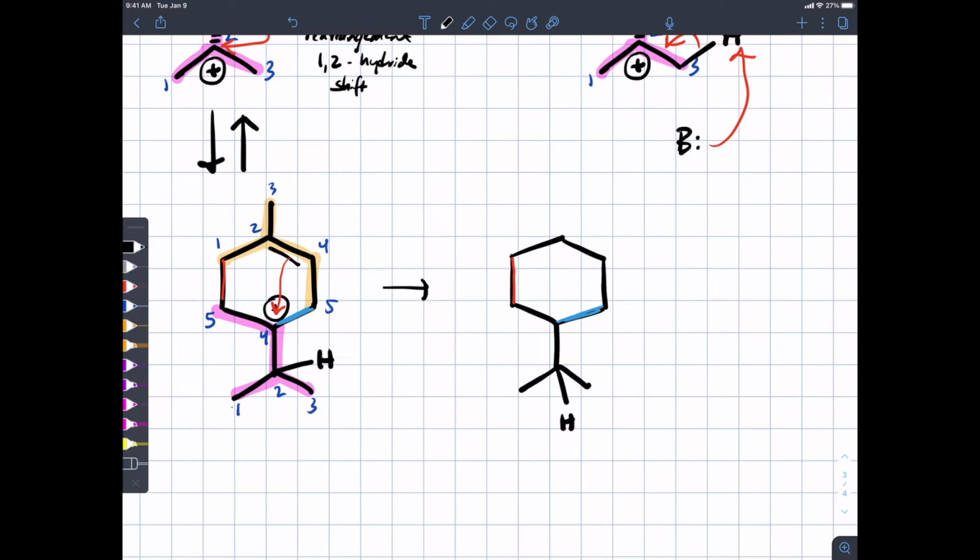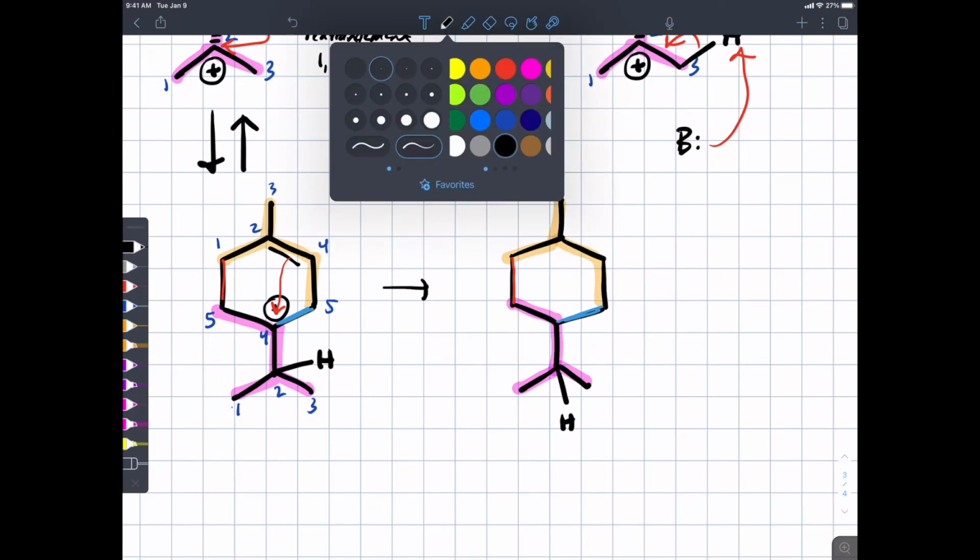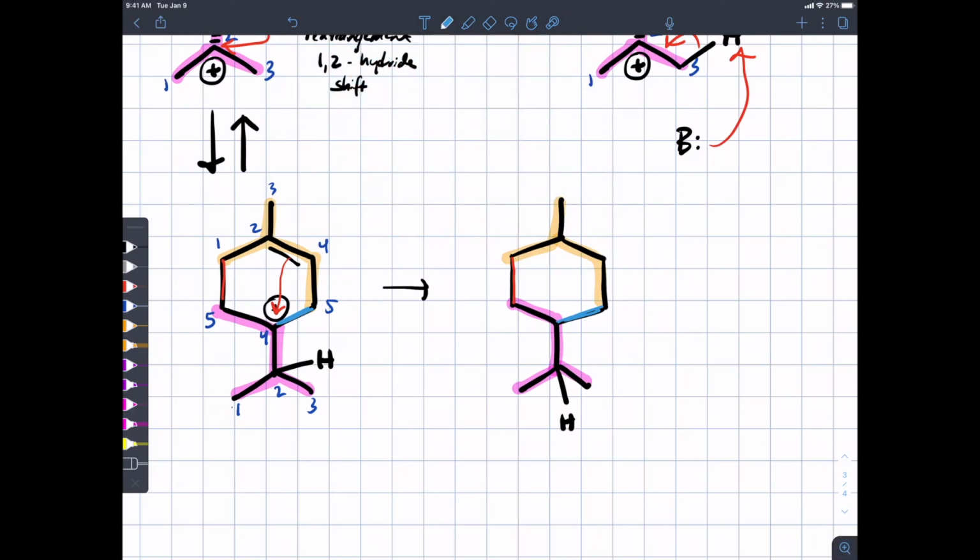I'm going to label things before we go on. The new bond we just made will be between orange carbon 4 and pink carbon 5. And that will leave a positive charge on that carbon.